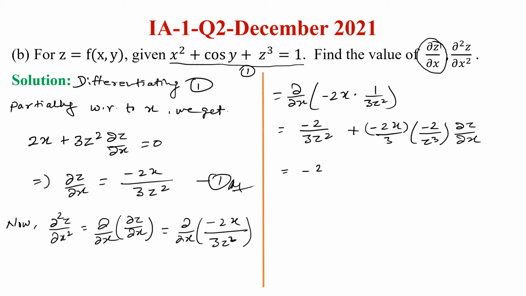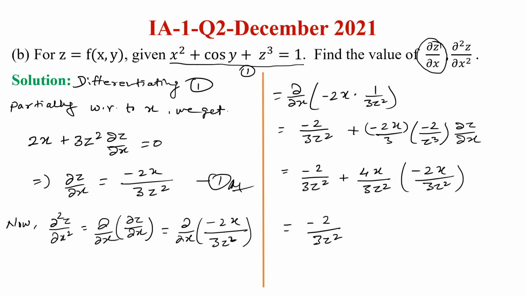So it will be minus 2 upon 3z square, minus times minus gives plus, so plus 4x upon 3z square times del z upon del x that we got here, which is minus 2x upon 3z square. By simplifying, it is going to be minus 2 upon 3z square, plus, no, it should be minus here.